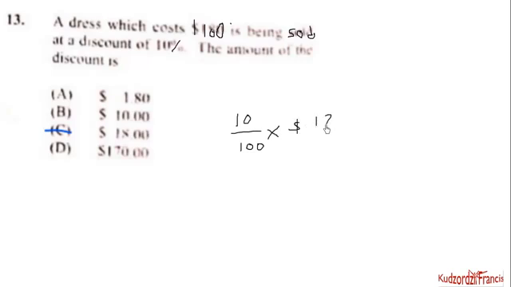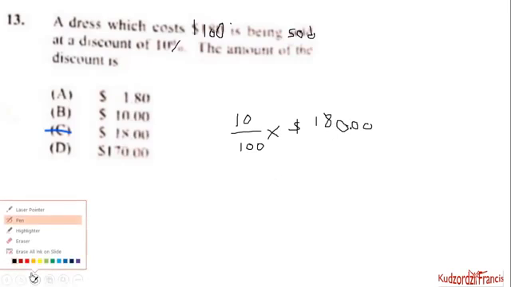So $180.00, so there's a point here. So let's simplify this. 100 goes here. Okay, let's go step by step.